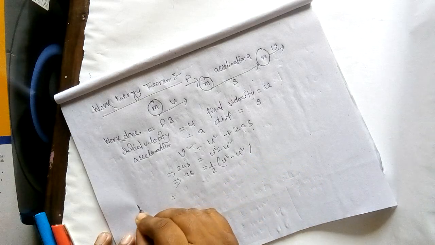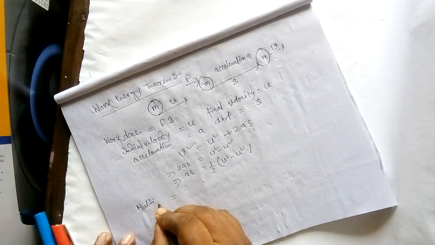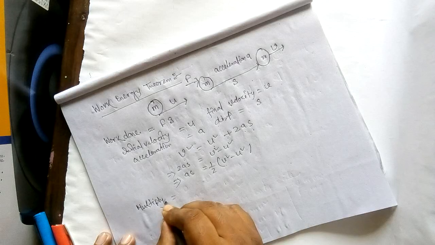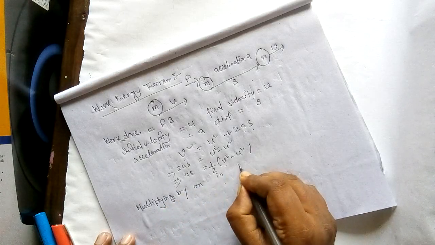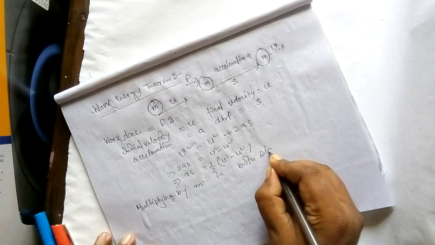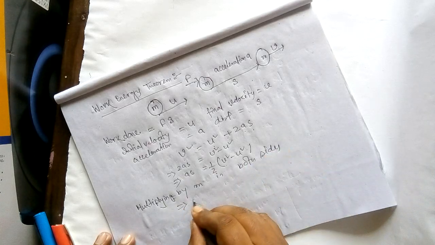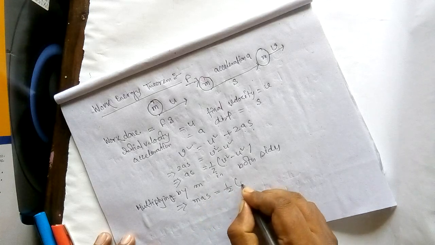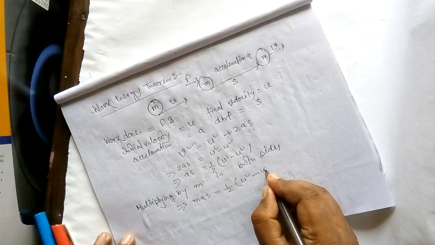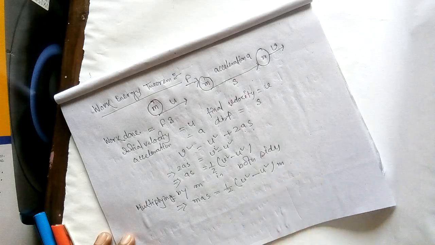If I multiply by m in both sides, as we did in the previous work, it will come mas equals half of v square minus u square into m.